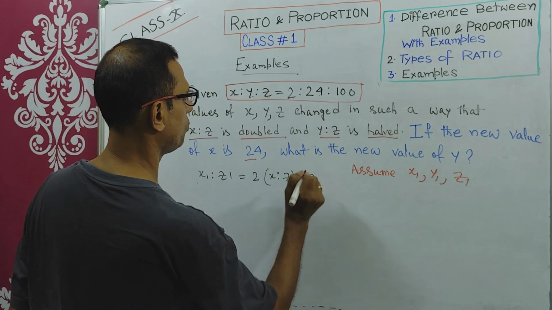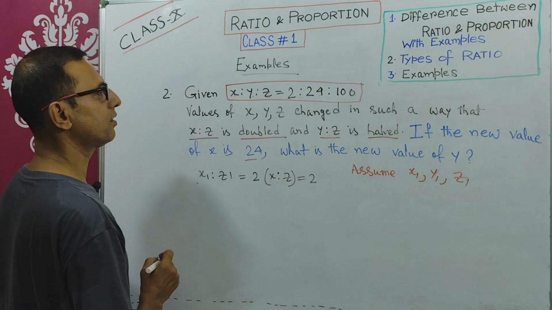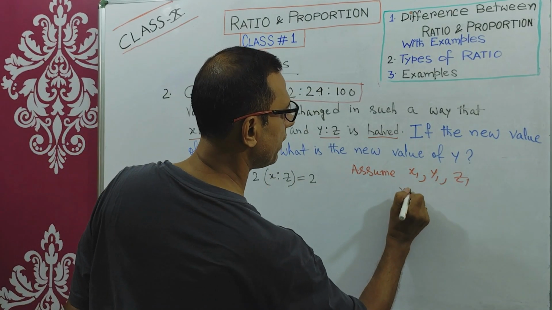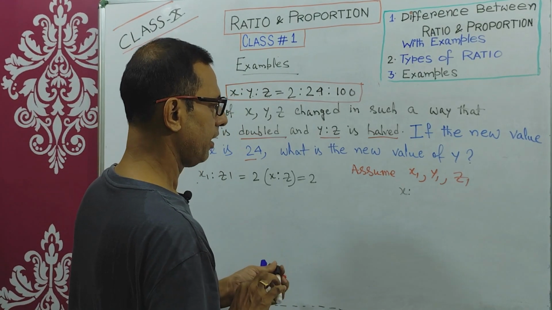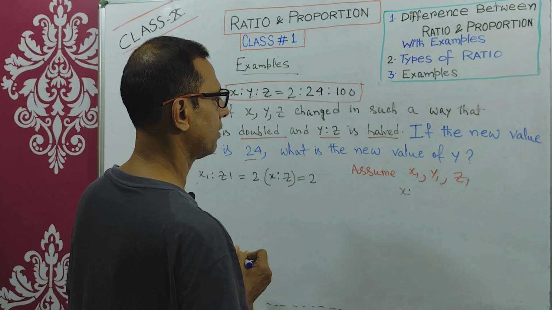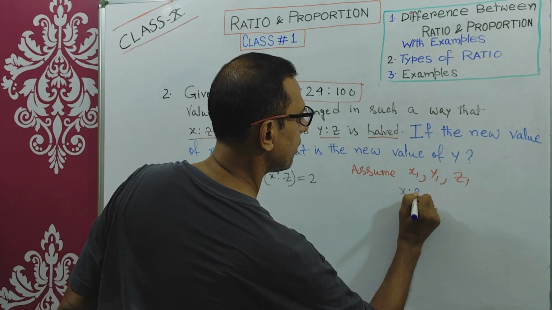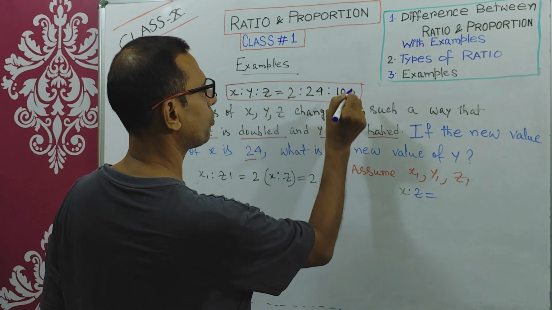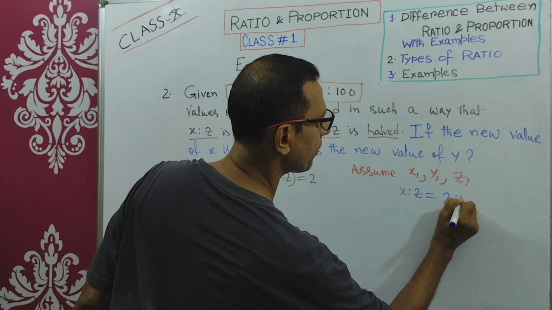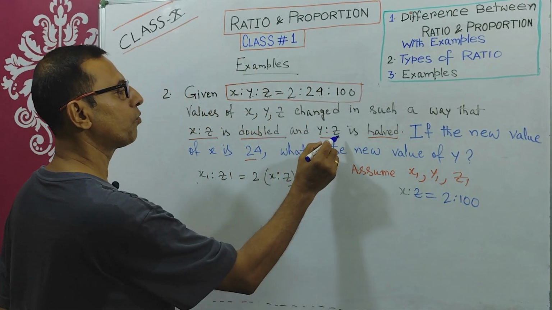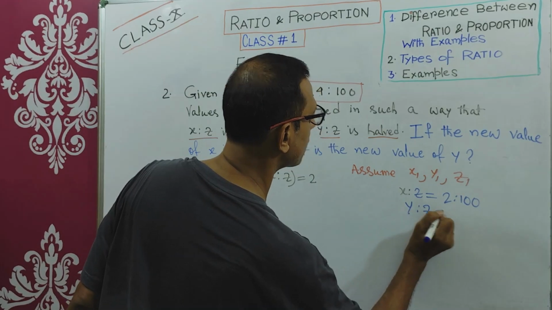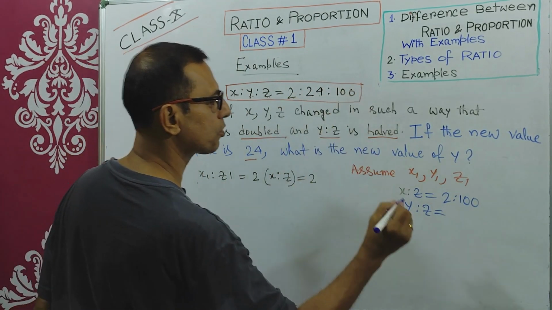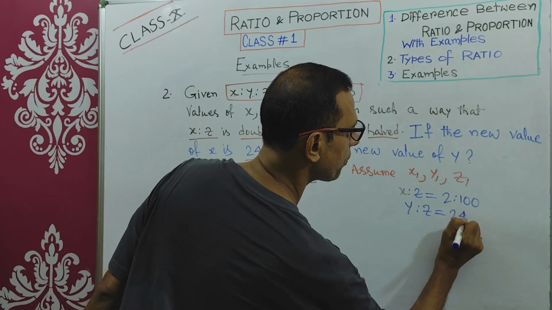That means 2 of, what is the x is to z value? X is to z is, from the given condition, 2 is to 100, and another y is to z is halved. So what is the current y is to z? Y is to z equals to 24 is to 100.